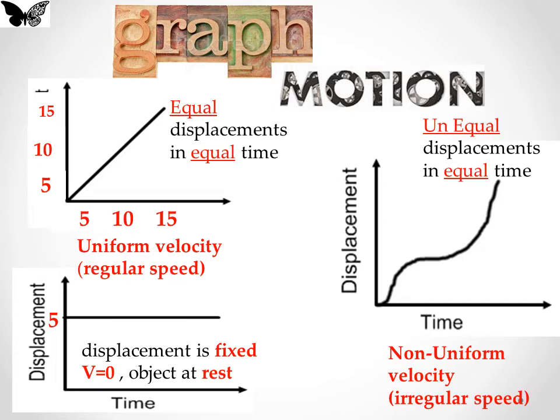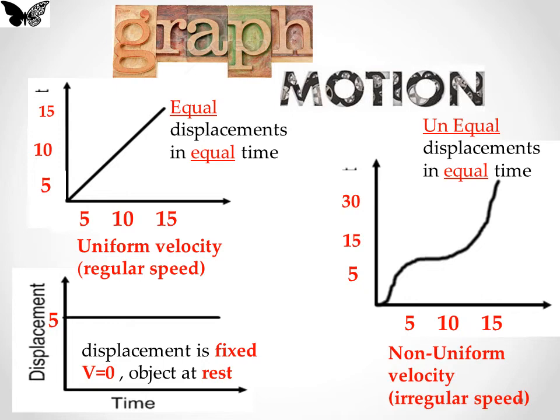But if my object is moving an unequal displacement in equal periods of time, this means that my speed is not constant. So it's said that the object moves with a non-uniform velocity. Looking at the second graph, you'll find that it moved 5 meters in 5 seconds.